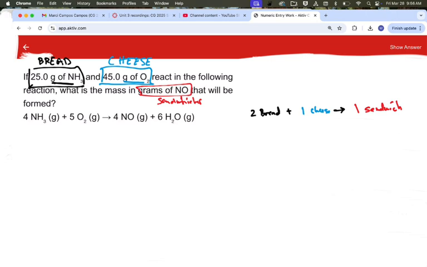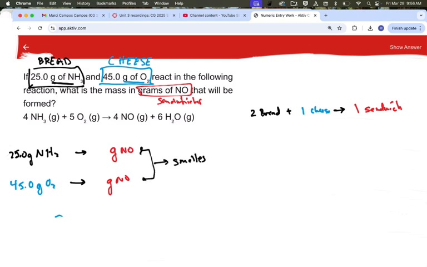In the previous case that we went through in the other video, we converted all of my 25.0 grams of NH3 into grams of NO. We then converted all 45.0 grams of oxygen into grams of NO. We then said whichever one of these two numbers was the smallest was the most product I could make.